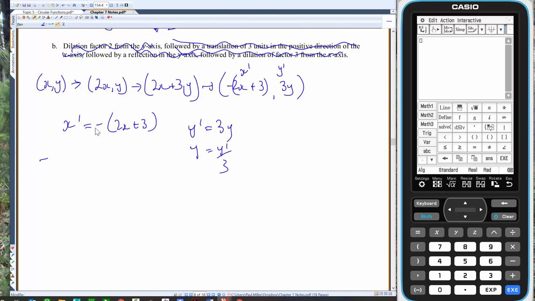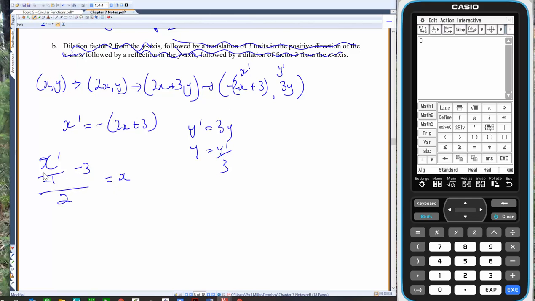Let's do this one here. Again, you've got the choice of expanding or passing the negative across the two terms and then transposing. I'm not going to do that. So all I'm going to do is say x dash over negative 1, take 3, and then it's all divided by 2 equals x.